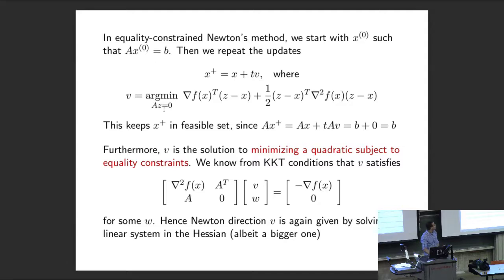All I'm doing is putting, as a constraint in the optimization problem that determines my update, that A z equals 0. Hopefully this makes sense to everybody.